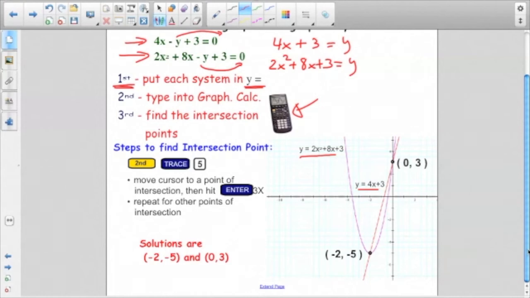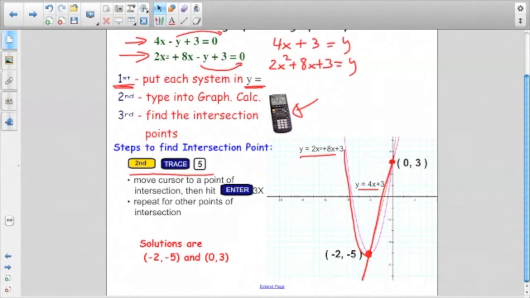Then in this picture, you get this parabola and this line. And we have 2 points of intersection right there and right there. And we use our second trace 5 feature. And when we do that, we get these answers. So it's pretty straightforward. The hard part is probably getting into y equals.